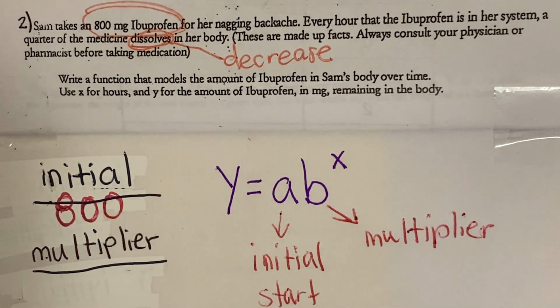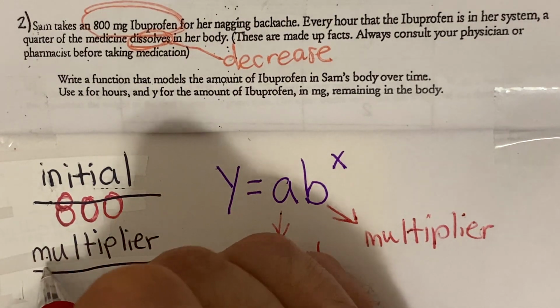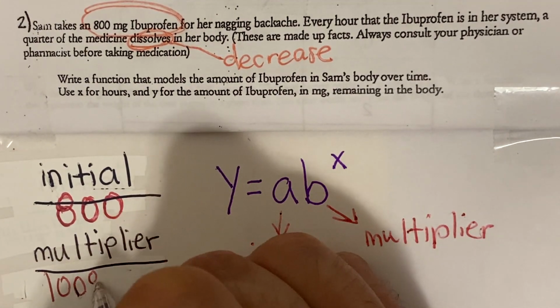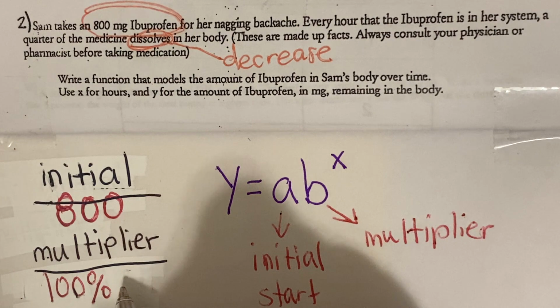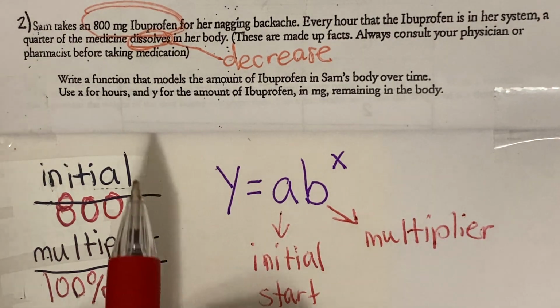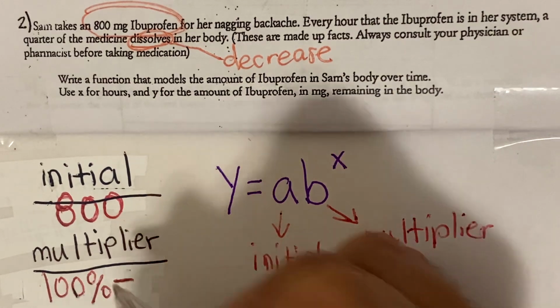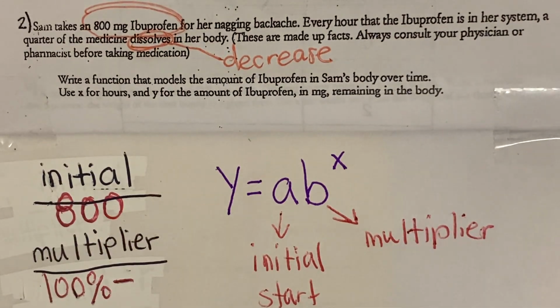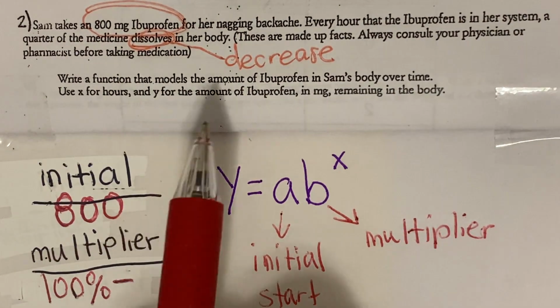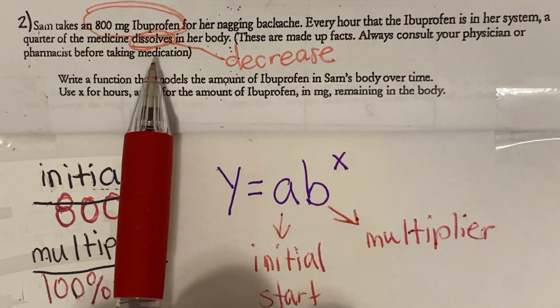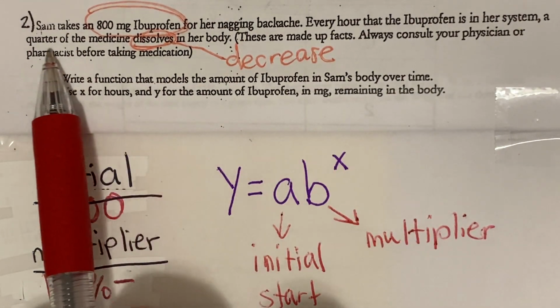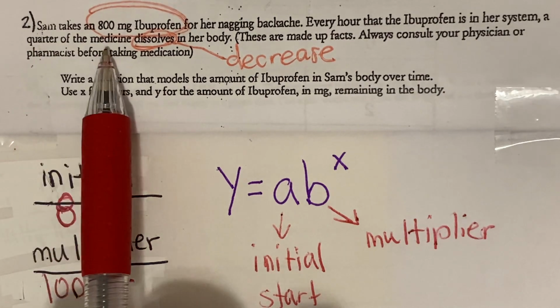So we are going to, of course, write our multiplier. Again, we always start off with 100%. And then we either subtract or add according to our word problem. Again, it says dissolve, so that means that we are going to subtract from our 100%, from our initial value. So we are going to subtract a quarter, because it says a quarter of the medicine dissolves.